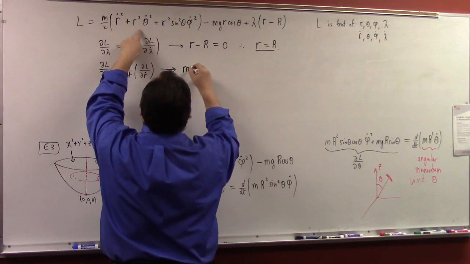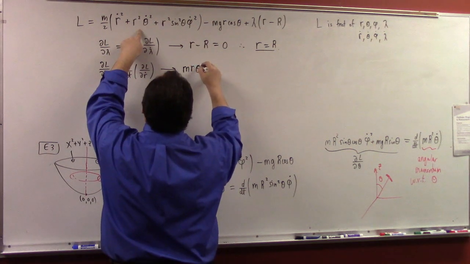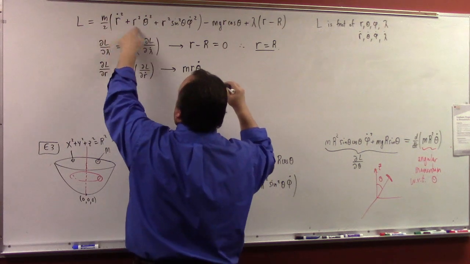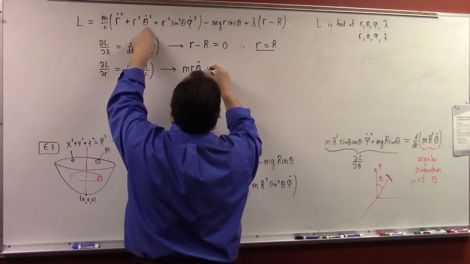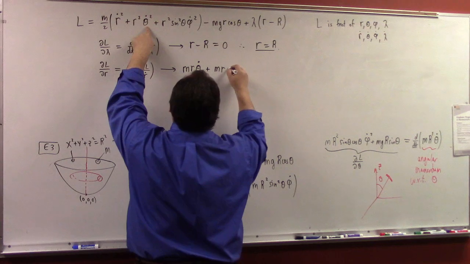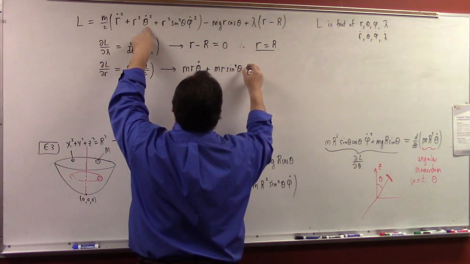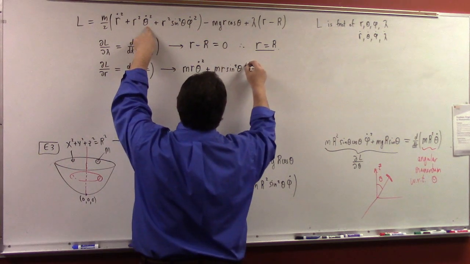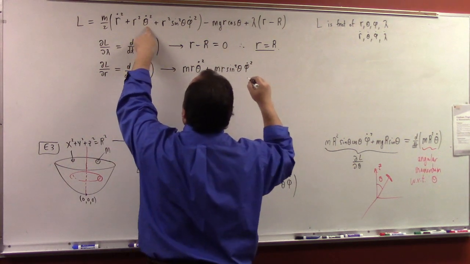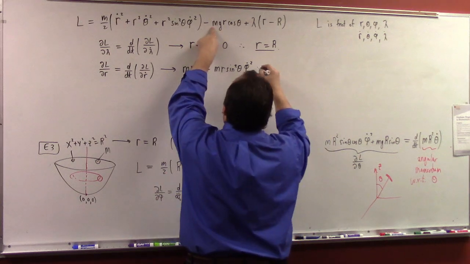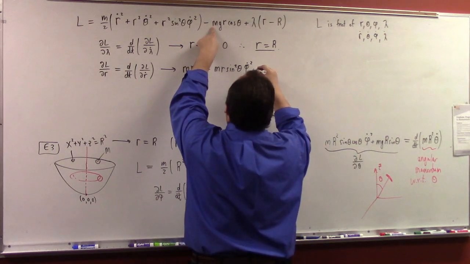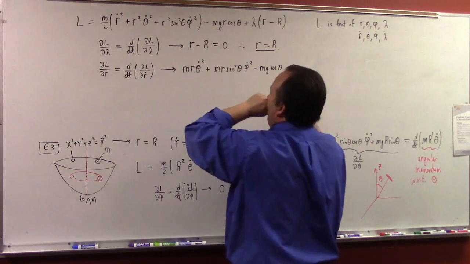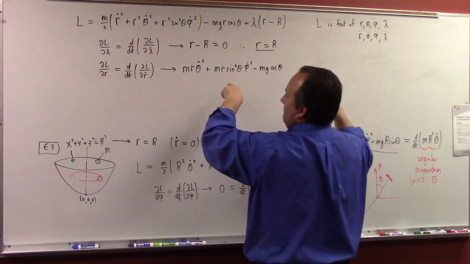So you've got your m r theta dot squared, plus m r sine squared theta phi dot squared. Okay. And then what else? Oh, this one, right? So minus mg cosine theta. All right.